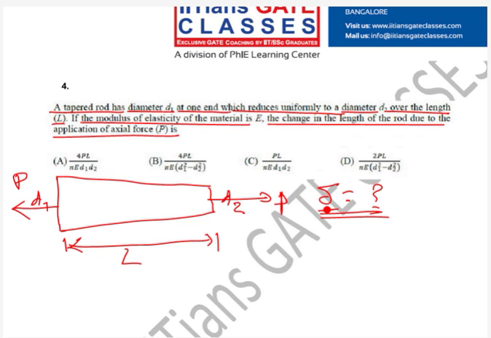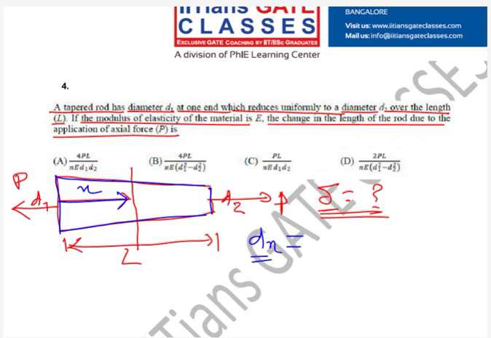Delta. Now guys, tell me, if I take any section which is at some distance x, what is my diameter? Anyone? How can we find it? See, this change in diameter is uniform.